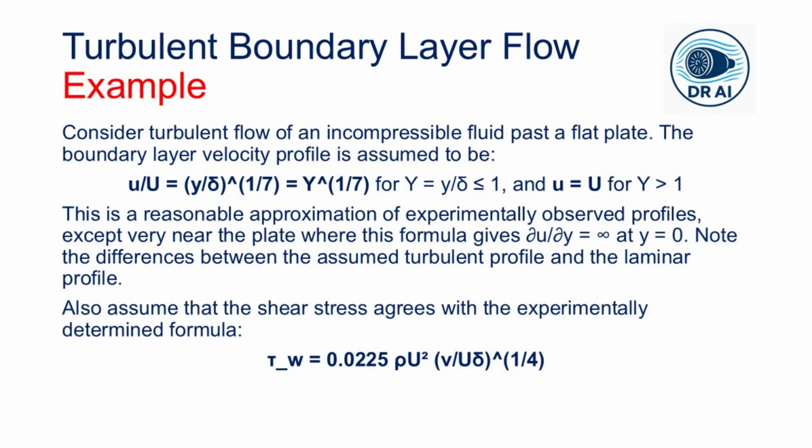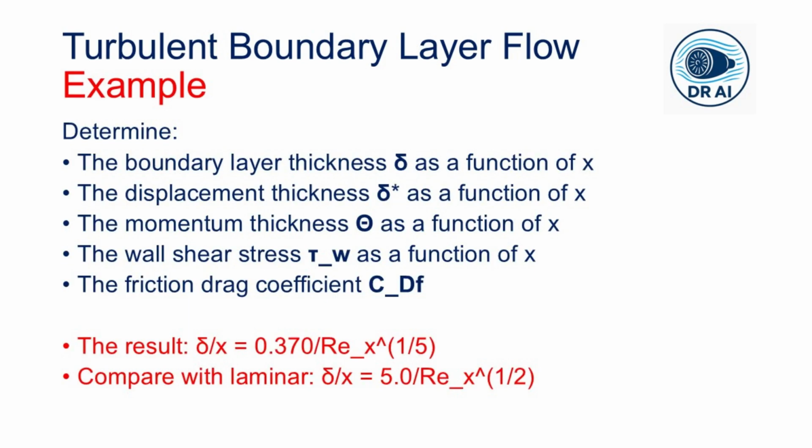Combined with an empirical shear stress formula, which is represented here as tau_w equals 0.0225 rho U squared times (nu divided by U delta) raised to the power 1/4, this results in delta over x equals 0.37 over Reynolds number raised to the power 1/5.